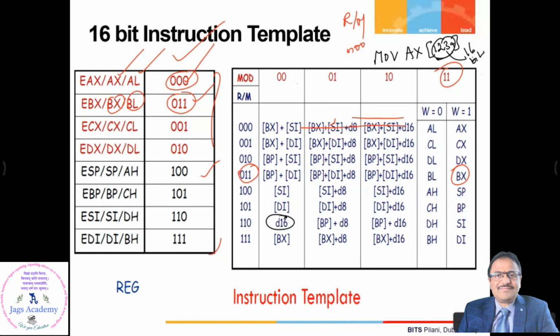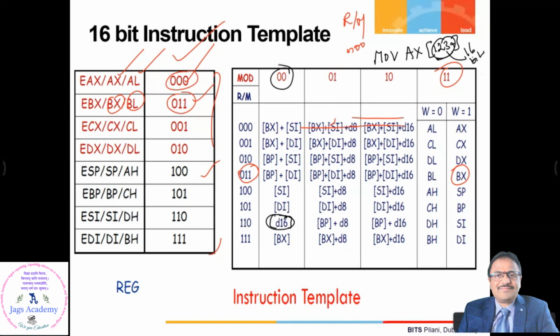Actually, it is a square bracket and a 16-bit address. Here you have D16, and this D16 means a 16-bit address inside the bracket. So which mode do you have to use for this now? Your mode bit is 0, 0. Have you understood now? Your mode bit is 0, 0.